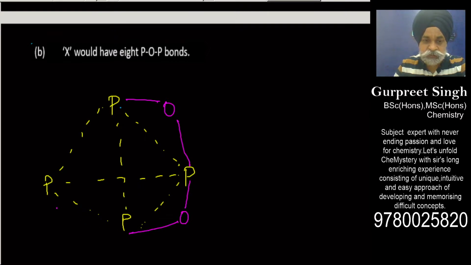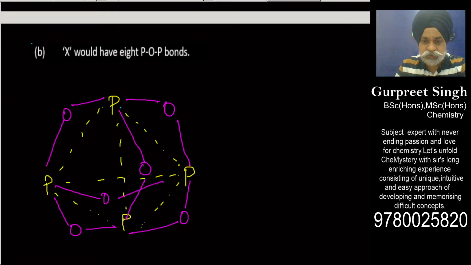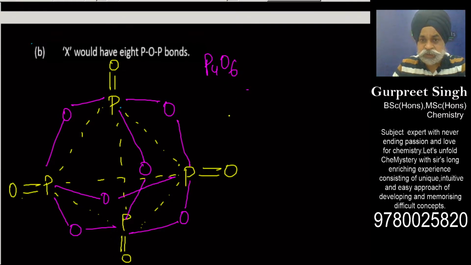This is joined to this one, and this also is joined to this one, and similarly this one also got joined. What I have drawn at present is P4O6. Now you wanted to make P4O10, so you just place 4 more oxygen onto it. So this becomes P4O10.